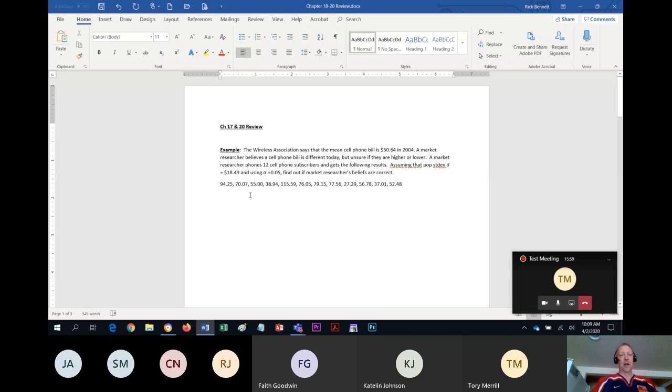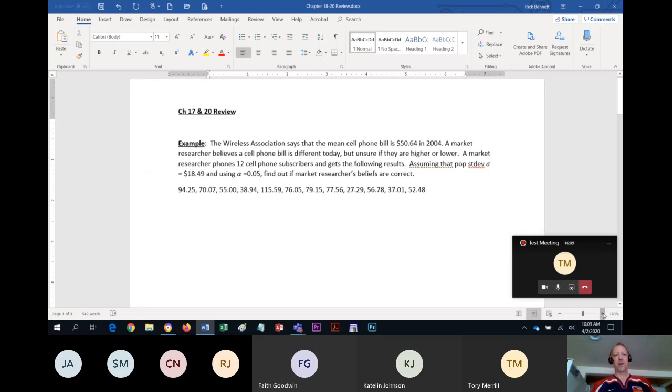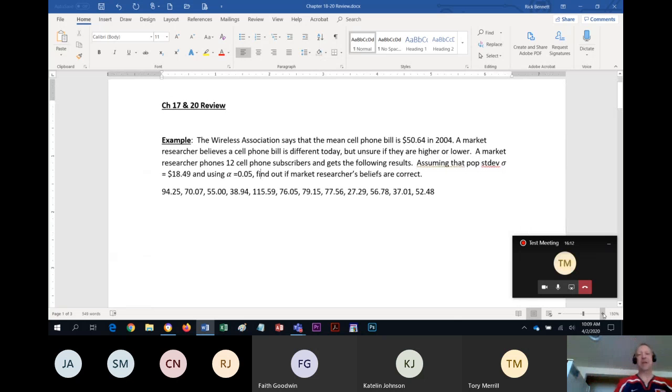All right, here's our first example. The Wireless Association says the mean cell phone bill is $50.64 in 2004. A market researcher believes a cell phone bill is different today, but is unsure if it is higher or lower.